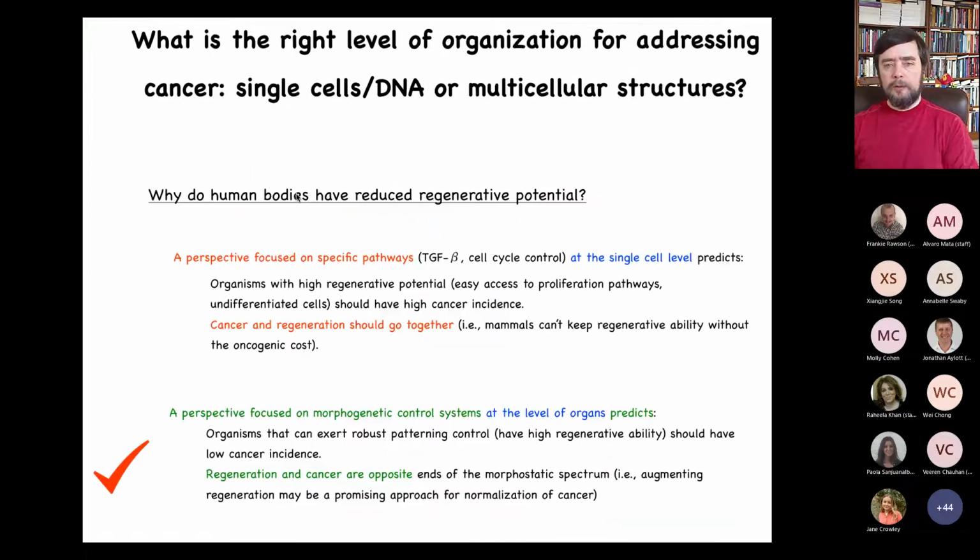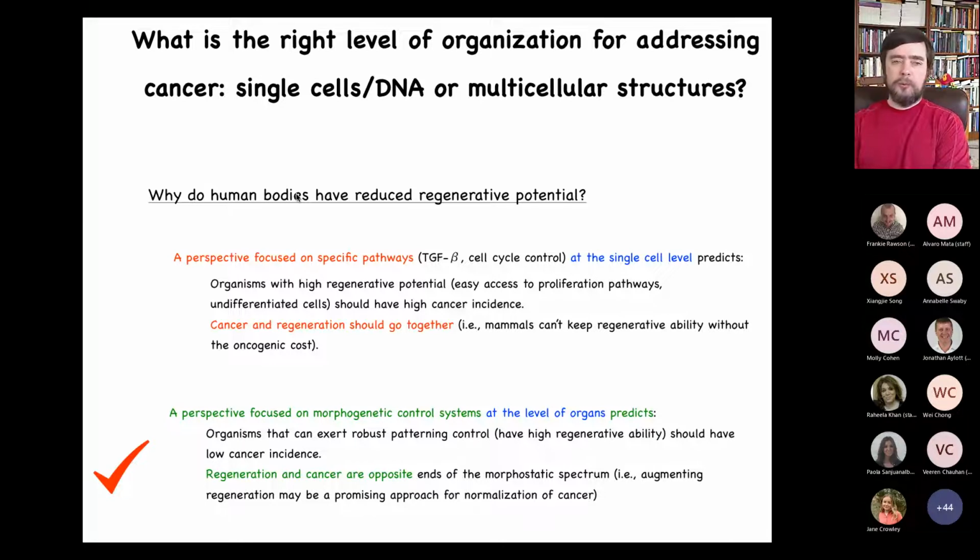So one thing that's often discussed in this field is what is the right level at which to address cancer? Should we be looking at single cells, at DNA, or some kind of larger scale control structure? In particular, people often ask, why do human bodies have reduced regenerative potential compared to some of the animals like salamanders and planaria that I'll show you momentarily?